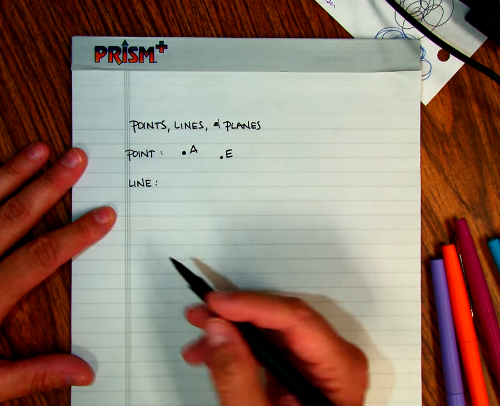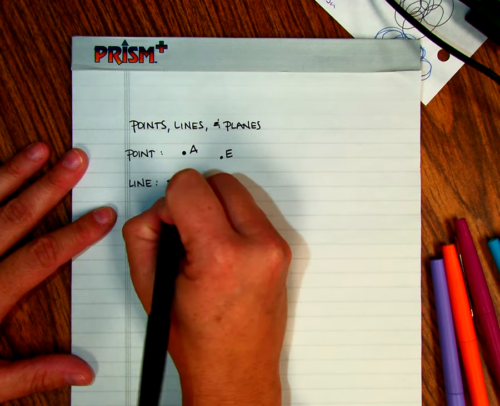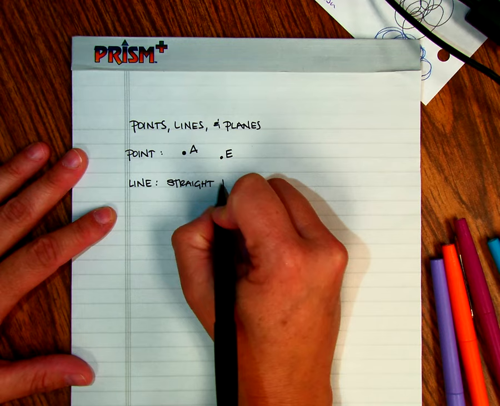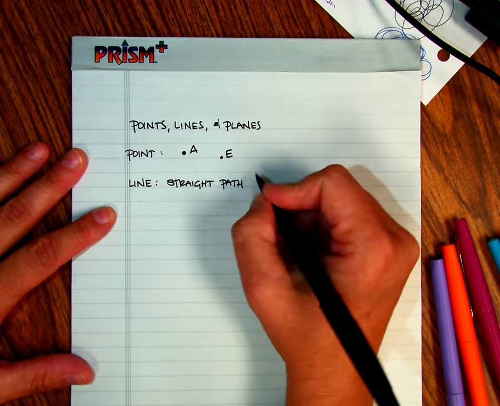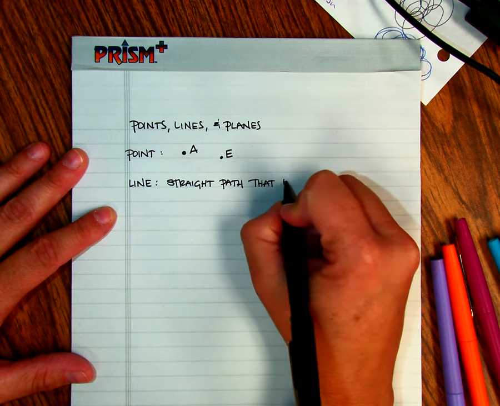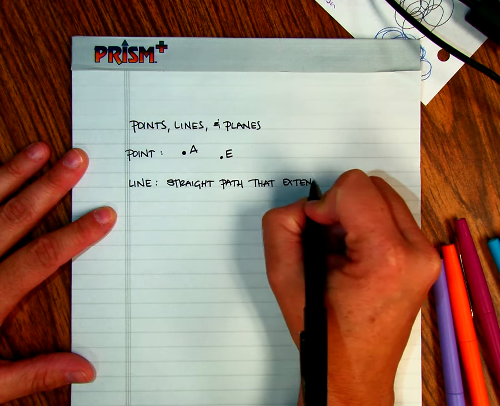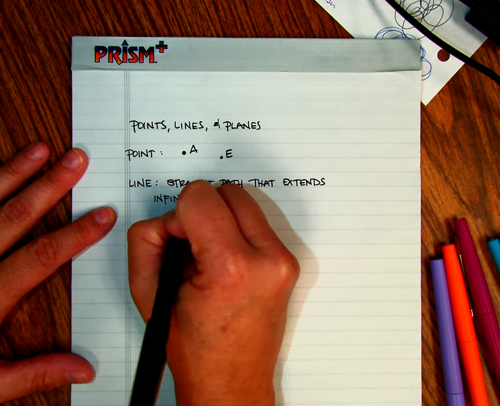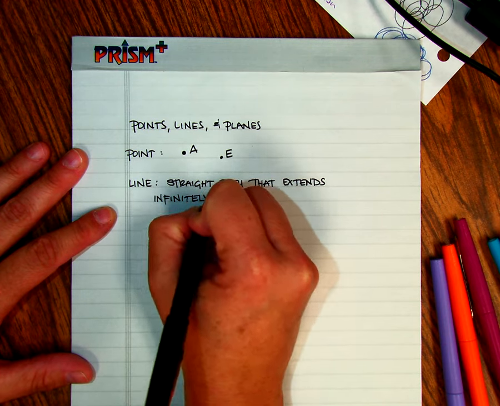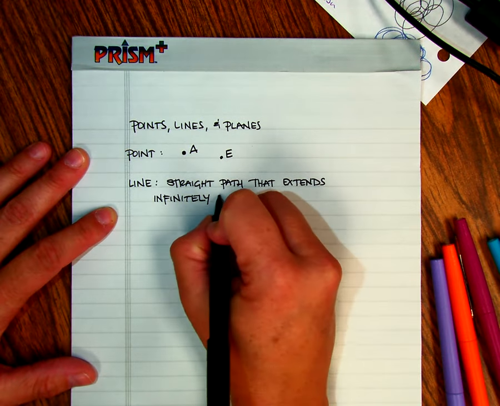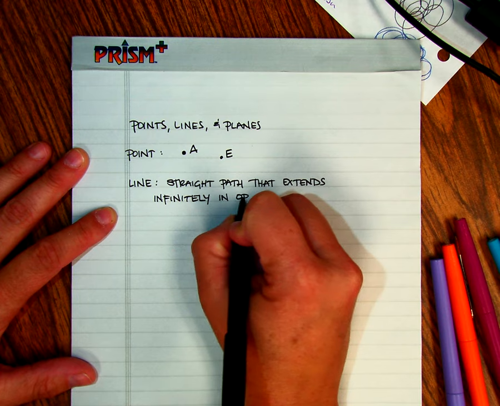A line is a straight path that extends infinitely. And infinitely means forever and ever in opposite directions.